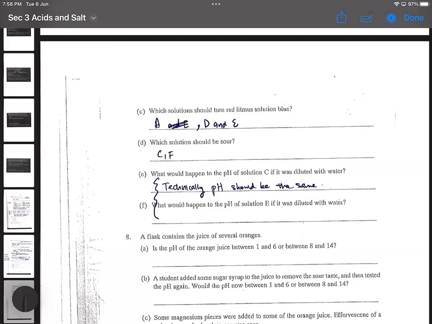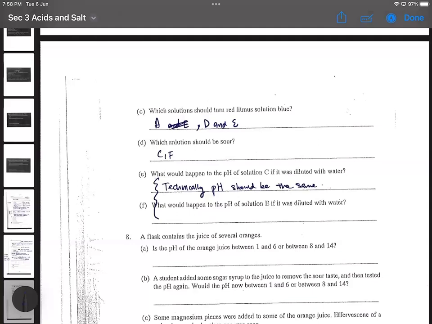Oh yeah, Zikri, what's up? Okay. So let me do a simple explanation why the pH may change.